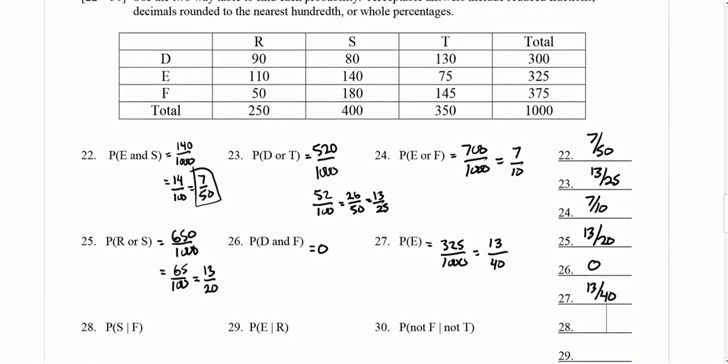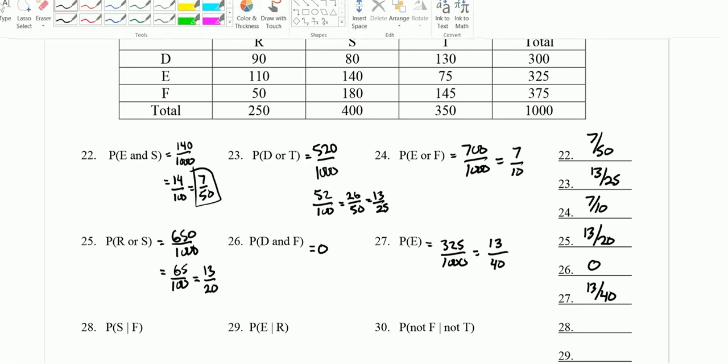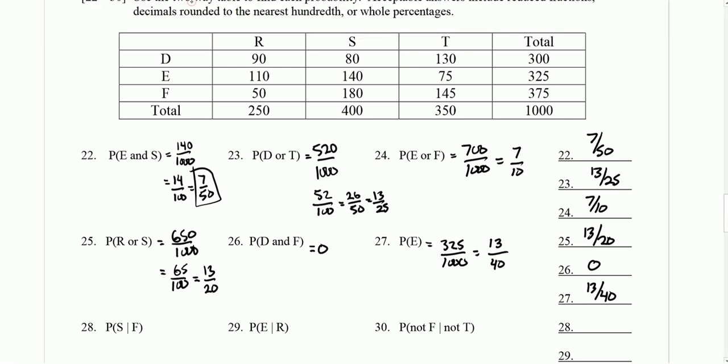28, probability of S given F. So we're going to look down F column right here. I'm highlighting it. It's a total of 375. So that's our denominator, is the total of F, which is 375. Sorry, that should be a 75.